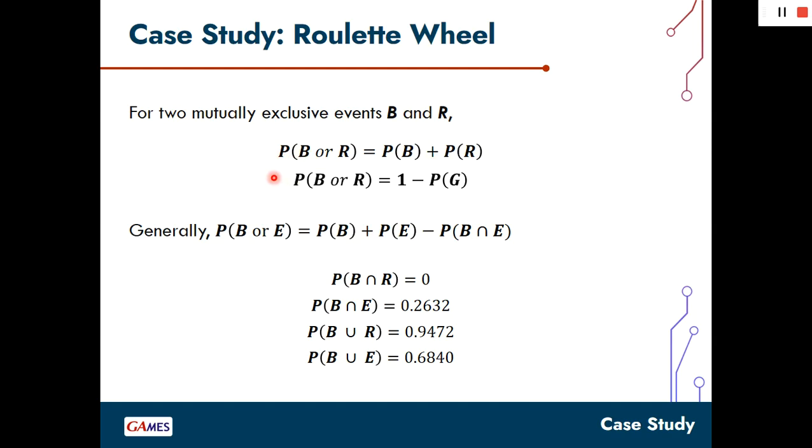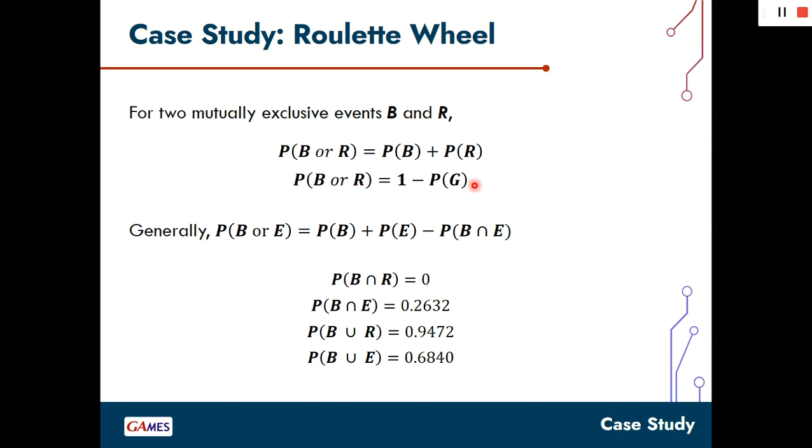And of course the other approach to computing that is that the probability of getting a black or red, we obtain by subtracting the probability of a green from the total probability space. And that's because you just have three types of events: you have a black, you have a red, and you have a green.